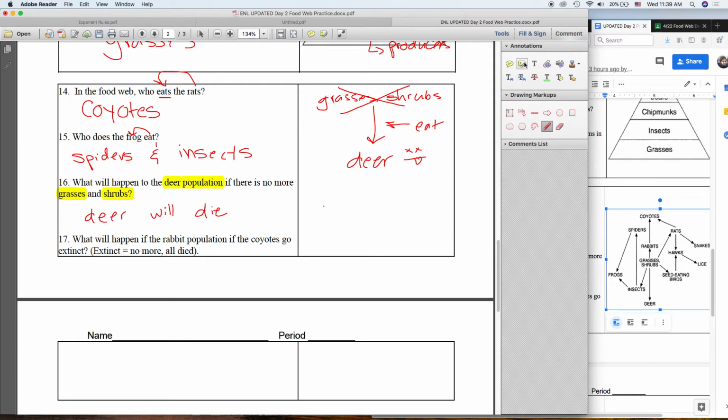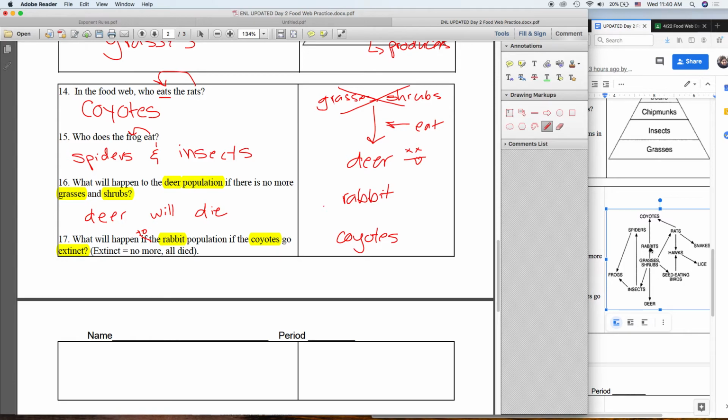Okay, and I hope your answers are complete sentences unlike mine, because I'm trying to write on the computer and it's very hard. Okay, what will happen to the rabbit population, this is supposed to say two, the rabbit population if the coyotes go extinct? So if all of the coyotes die, what will happen? Now we have to look at the relationship between rabbits and coyotes. Okay, coyote.